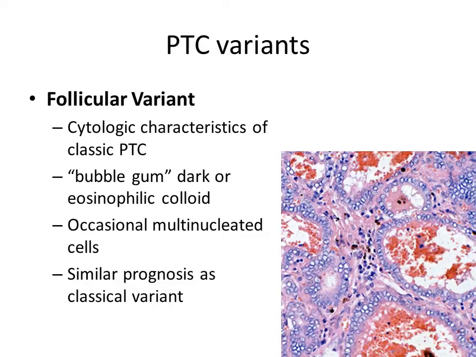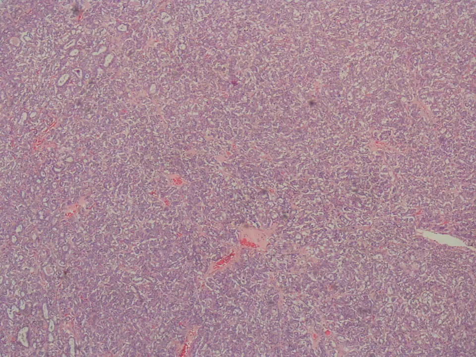The follicular variant of papillary thyroid carcinoma shows exactly the same cytologic characteristics of classic papillary thyroid carcinoma. The colloid is described as having bubblegum appearance or dark or eosinophilic. Occasionally you can see multinucleated cells, and it has a similar prognosis as the classic variant.